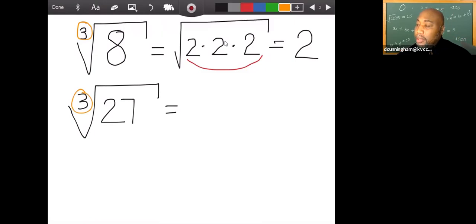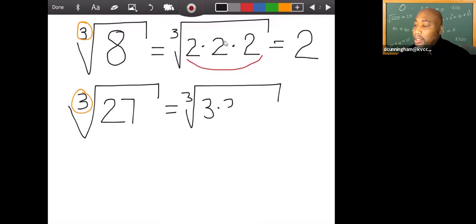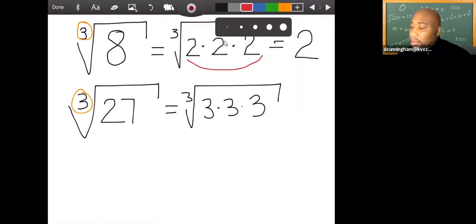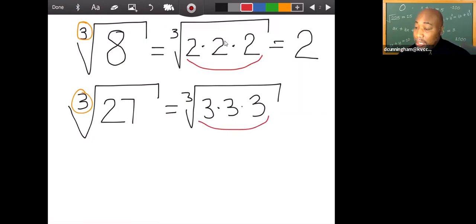It will be 3 times 3 times 3. And since these 3 numbers are the same and they give me 27, which is in here, then the answer to this problem will be 3.